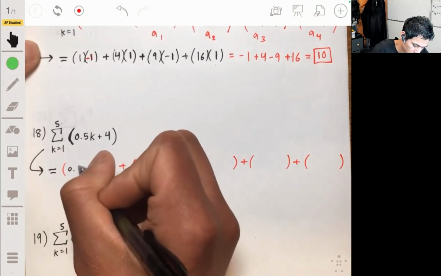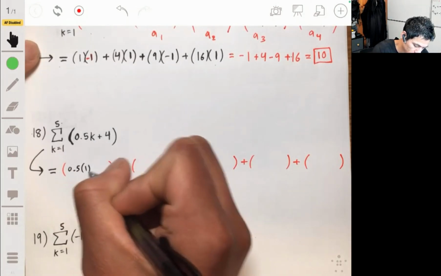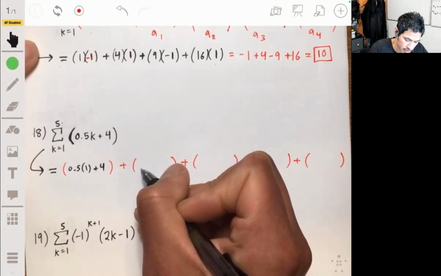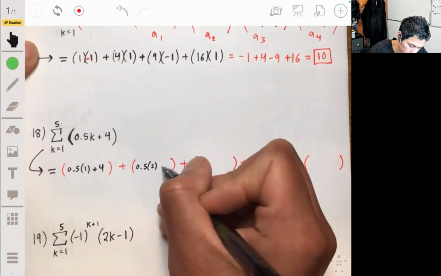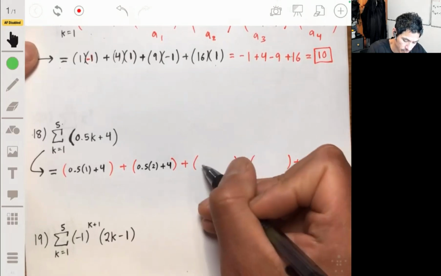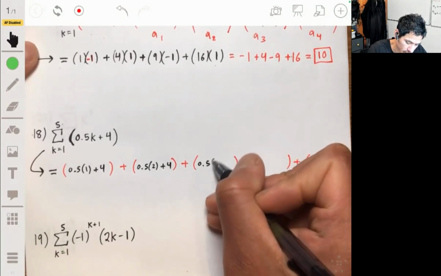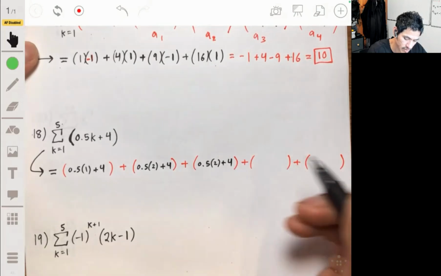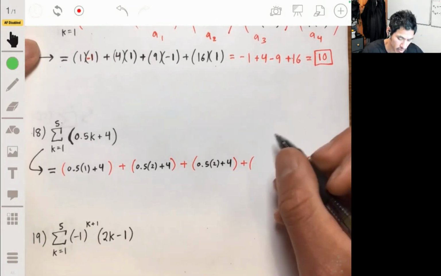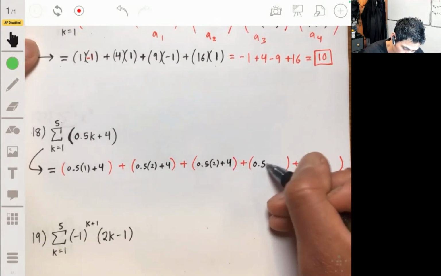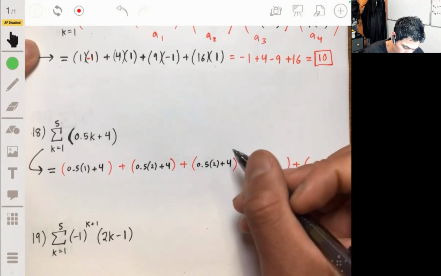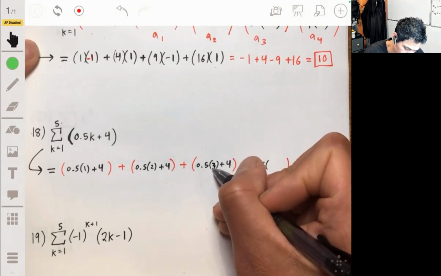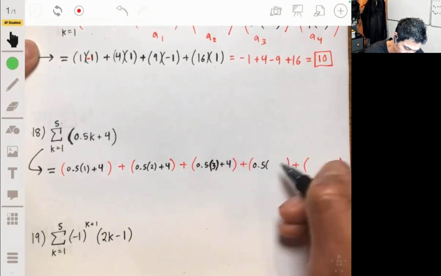So we have 0.5 times 1 plus 4. For a2, we plug in 2 where that k is. So we get 0.5 times 2 plus 4. For a3, we get 0.5 times 3 plus 4. I think I said 3, but I put 2 here. For a4, 0.5 times 4 plus 4.